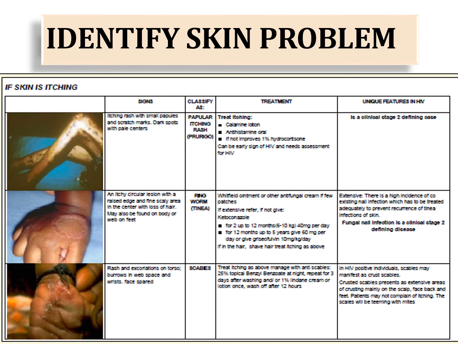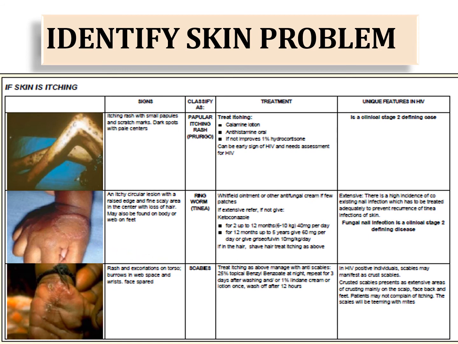For the next lesion, it's like a ringworm. There's an itchy circular lesion with a raised edge, and a scaly area in the center with loss of hair, which may also be found on the body or the web of the feet.